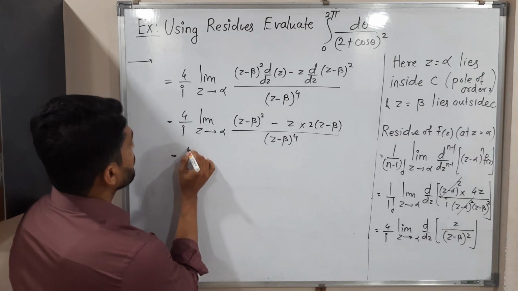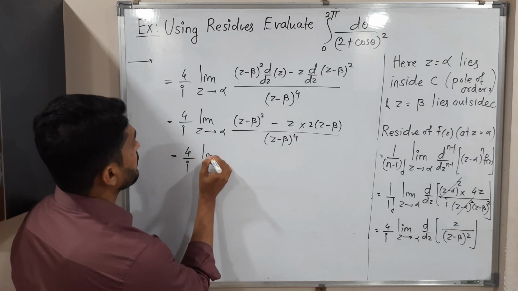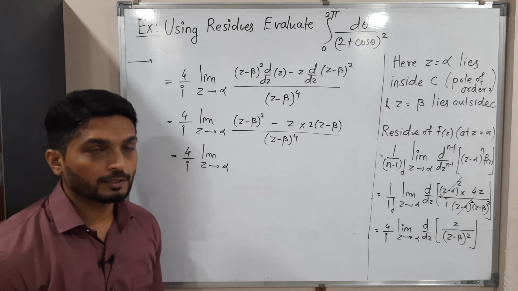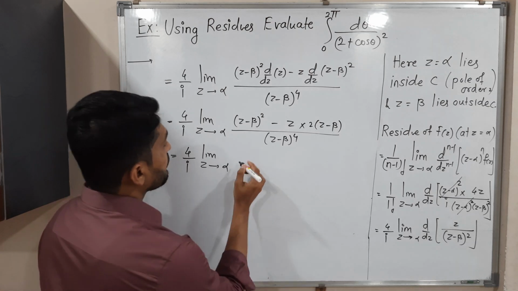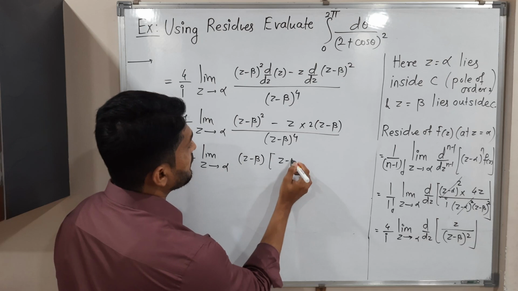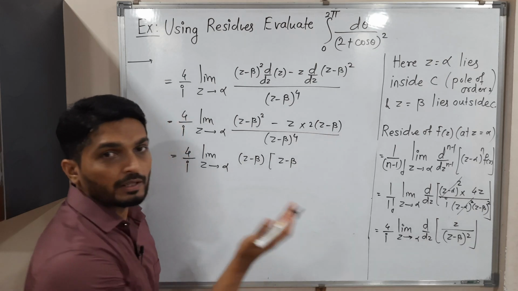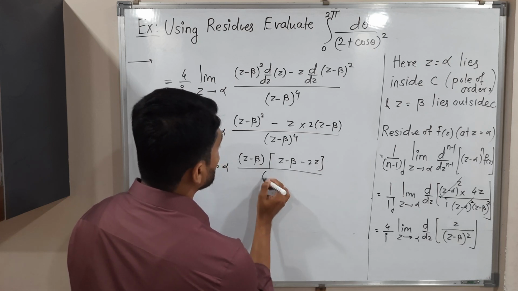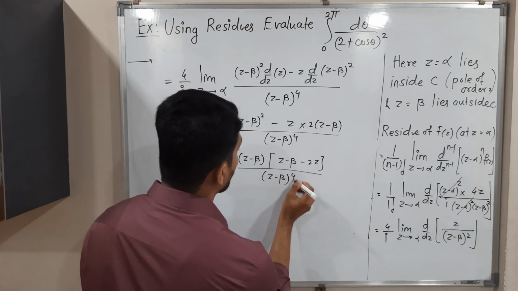So this is equal to 4 upon i, limit z tends to alpha. Tell me what can we take common from the numerator? So in the numerator we can take (z minus beta) common. So we have one bracket only, (z minus beta). Here this bracket we have taken outside, so only minus 2z is there, upon (z minus beta) raised to 4.